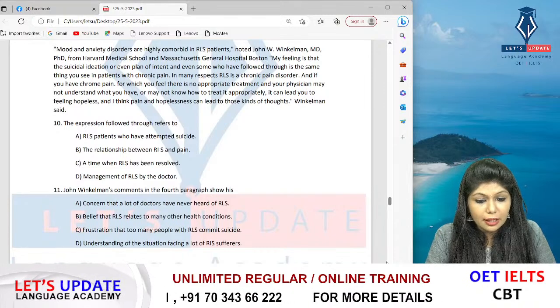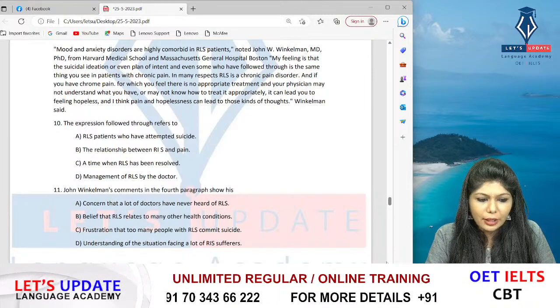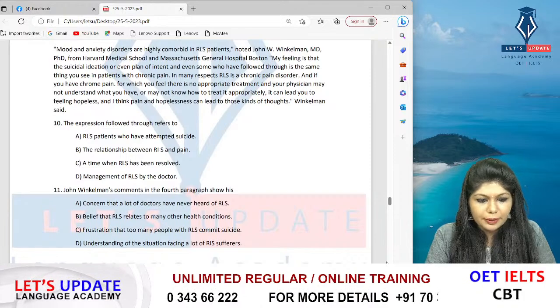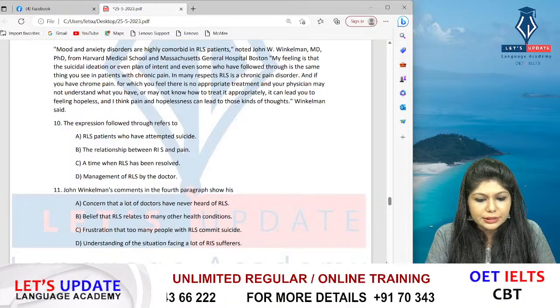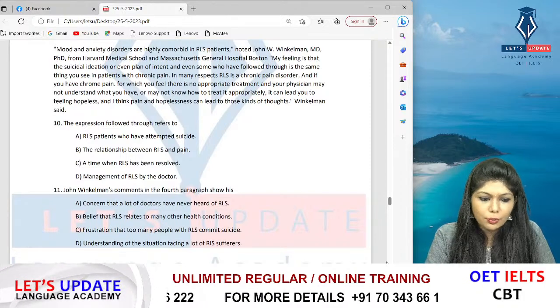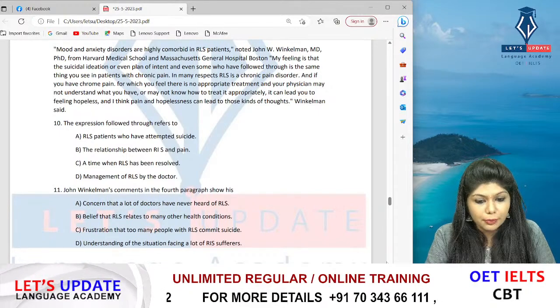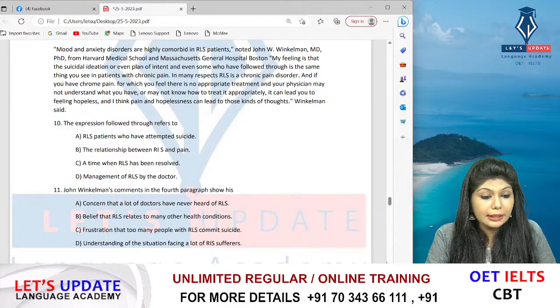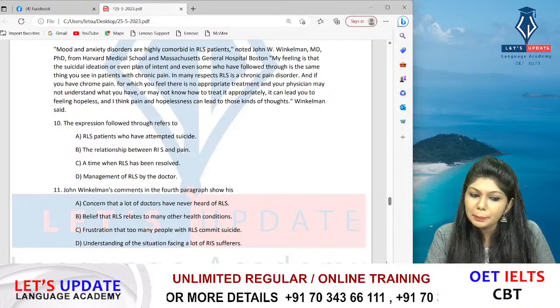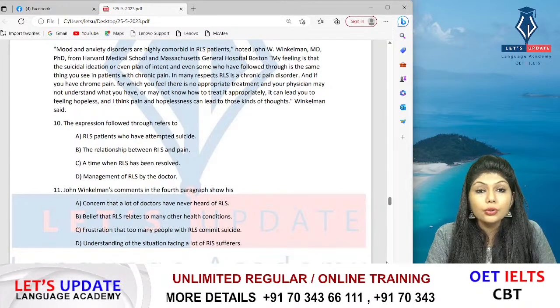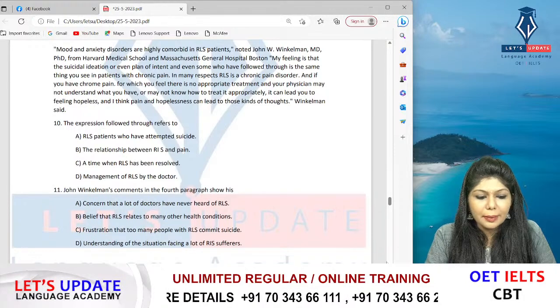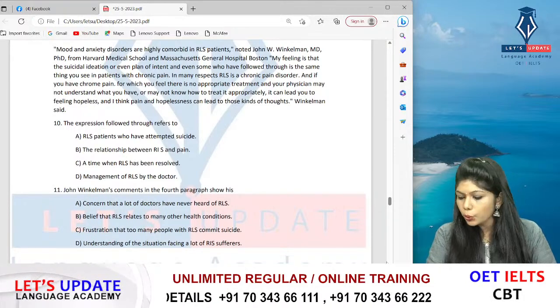In many respects, RLS is a chronic pain disorder, and if you have chronic pain for which you feel there is no appropriate treatment and your physician may not understand what you have or may not know how to treat it appropriately, it can lead you to feeling hopeless, and I think pain and hopelessness can lead to those kinds of thoughts, Winkelmann said.